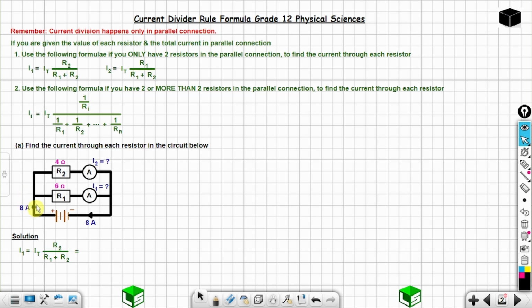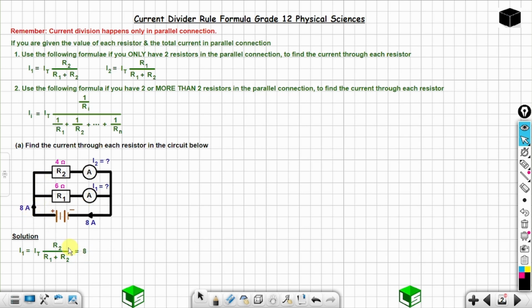This 8 amperes will divide at this point. Part of the current will flow on this branch, another part will flow on this branch, and then they are going to join at this point. Now you have 8 amperes again. So the total current flowing into the circuit is 8 amperes.